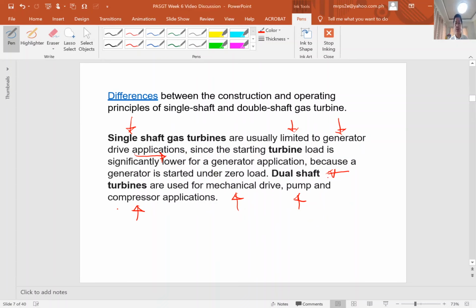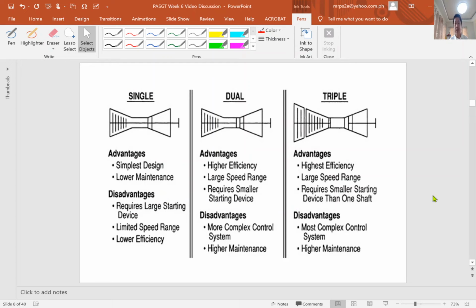So we have here the advantages and disadvantages. We also have additional information, which is the triple shaft gas turbine.